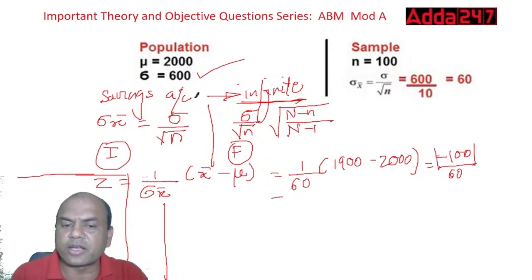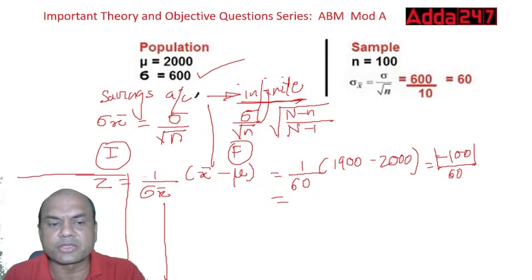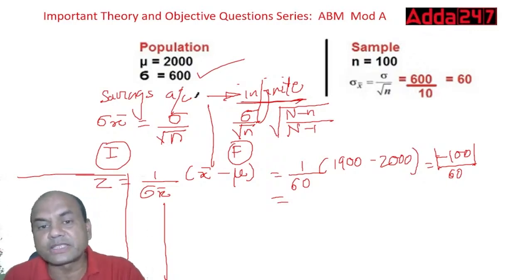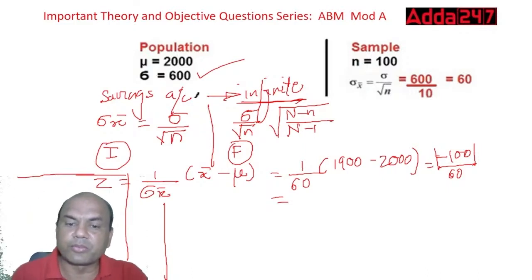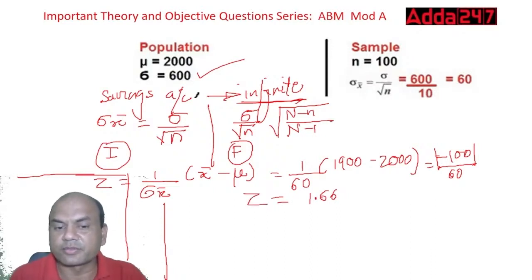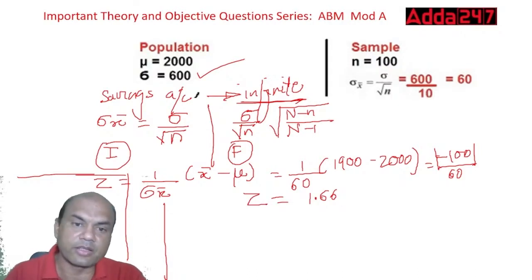What is the answer you are getting? 100 divided by 60. The answer which you get is 1.66. So this is the Z you are getting.